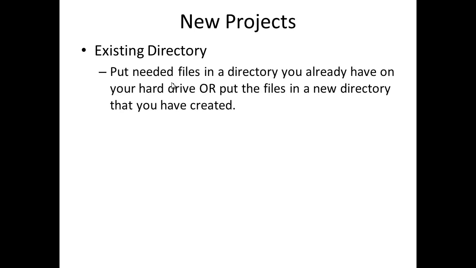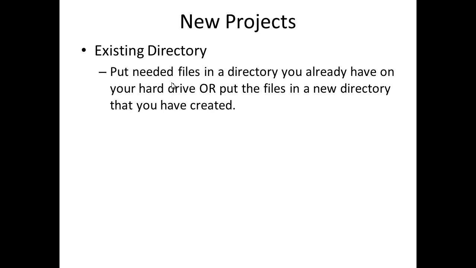Okay. The other way to start a new project that we've talked about is to use the existing directory method. They're equivalent in terms of what you get once they're set up, they're exactly the same. It's just a process issue of whether you have a folder that has your files in it already, or you want to do that first, or you want to create the project and then put things in there.